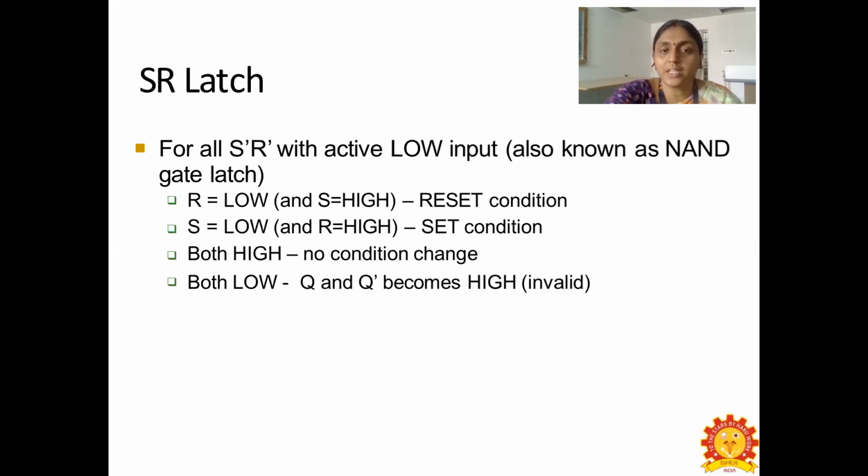In the set condition, S is low and R is high. When both S and R values are high, there is no change in condition. And when both are low, Q and Q dash become high, which is invalid.